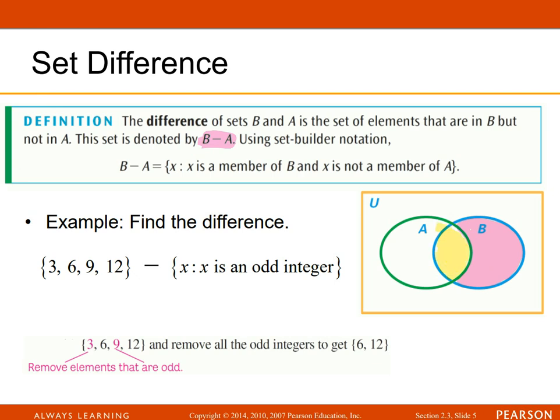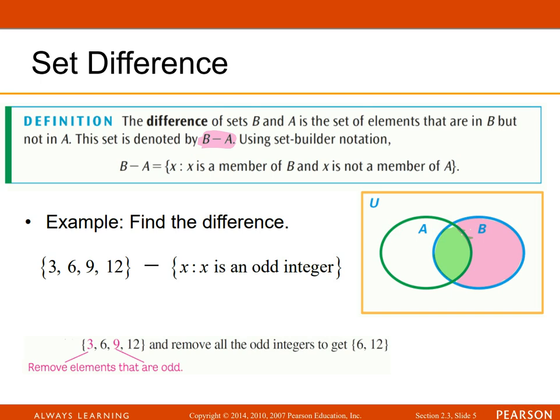That is A, and so is all of this over here, but the only part that is touching B is this part right here. So you're removing that green part from circle B, which would just leave you with, if I erase that, the pink part.